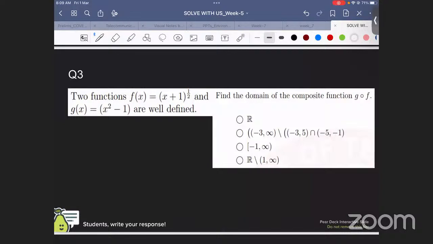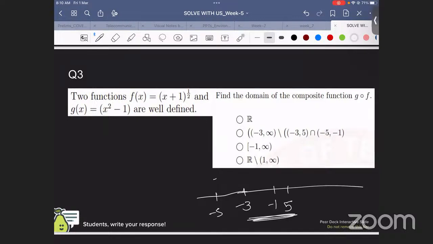Let's see that again. This is -3, this is -5. The first case is -3 to 5, this is 5. And then the second case is -5 to -1, this is -1.